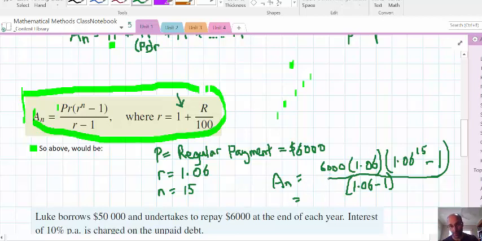Oh sorry, I goofed then, I put the wrong thing on the denominator. It's r minus 1, I accidentally put in n minus 1, that makes an enormous difference. So it's r minus 1, so 1.06 minus 1, which will be 0.06, apologies. So my calculator is saying that we've got $148,035 and an awesome 17 cents.